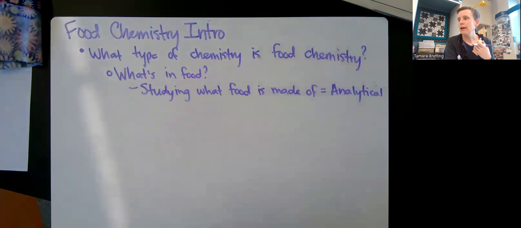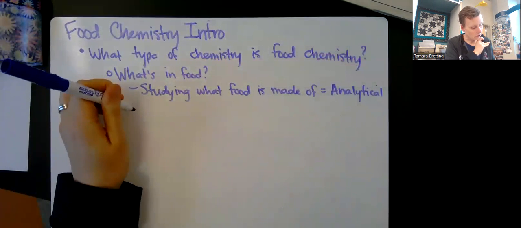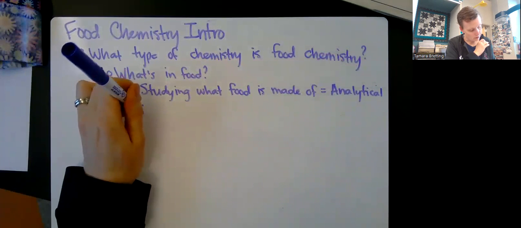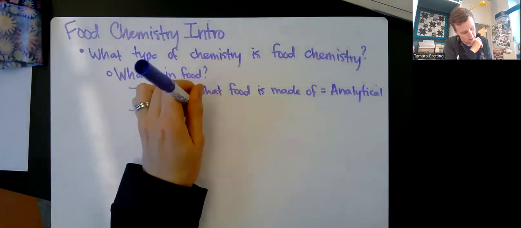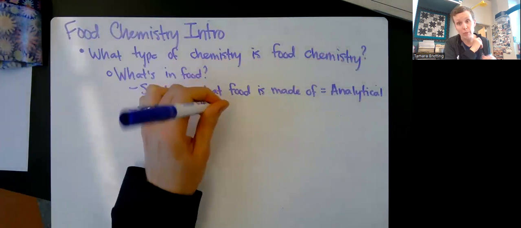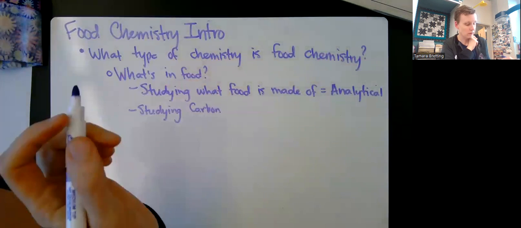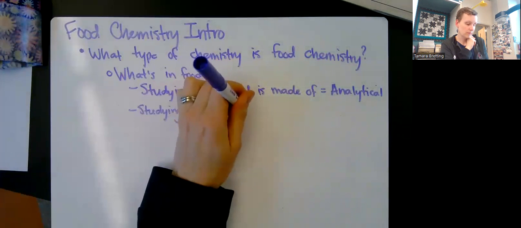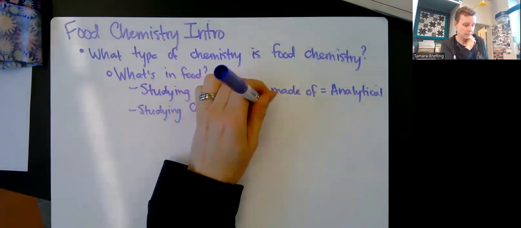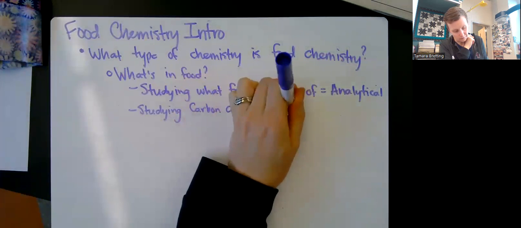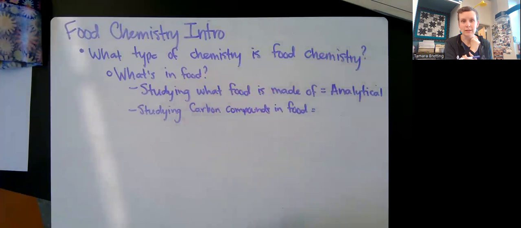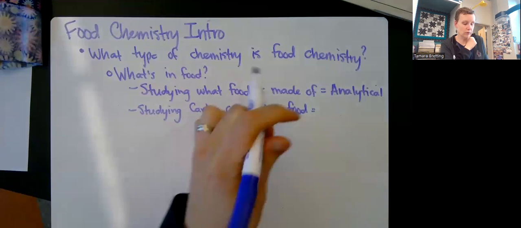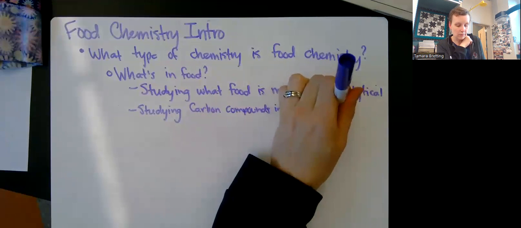If we are looking at the carbon compounds in food, and most of our food is made of carbon compounds, hopefully you know what kind of chemistry that is since we just finished a unit on it. Studying carbon compounds in food is going to be organic.